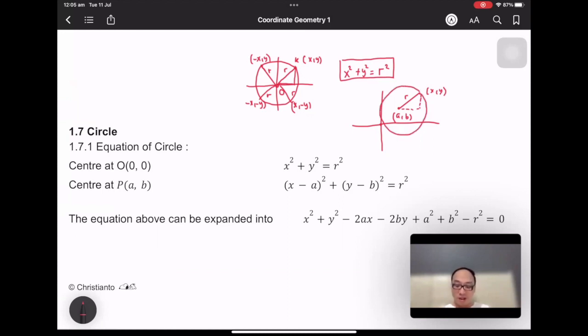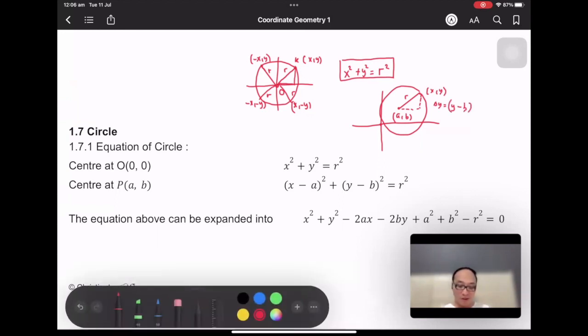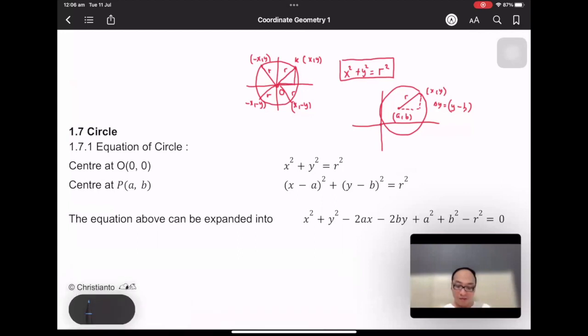So the delta y here is equals to y minus b from here. This is y and this is b. So y minus b, delta y.